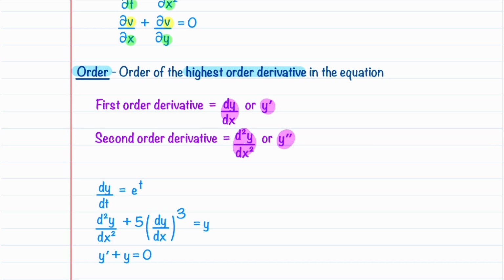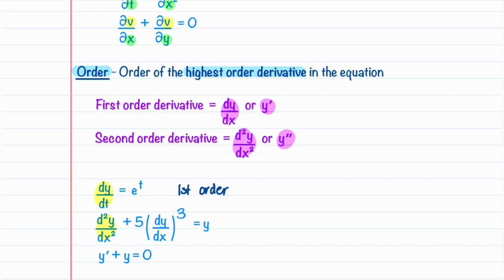Down here, I put three examples, and we're going to go through each one and determine the order of the equation. This first equation has a first order derivative, so it is a first order differential equation. Let's look at our second example. The highest order derivative in this example is d squared y dx squared.